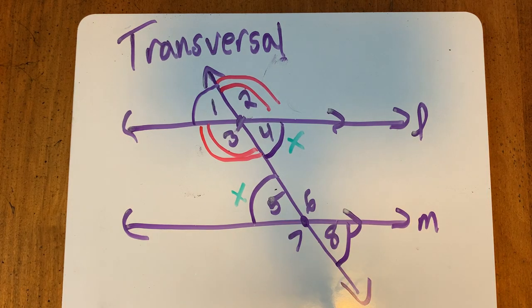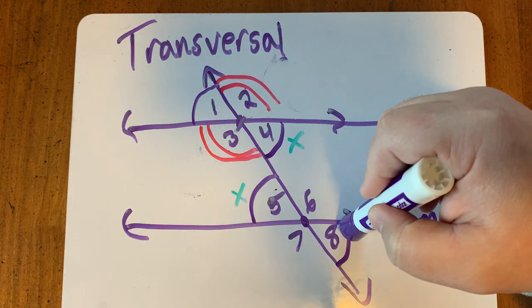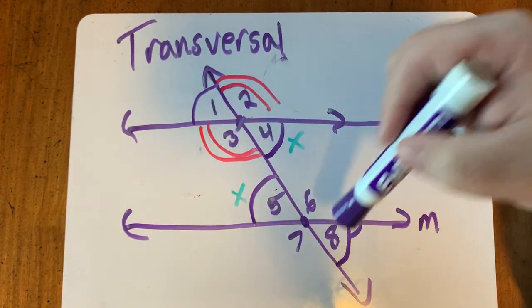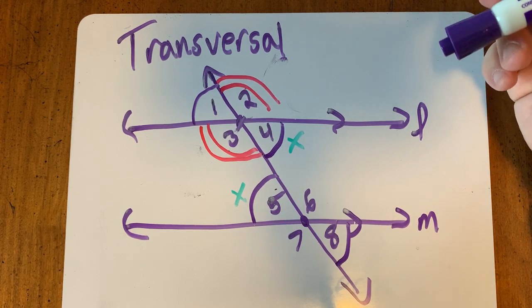And our last relationship is the alternate exterior angles. Well, that would be like 1 and 8. If 1 is congruent to 5 and 5 is congruent to 8, wouldn't 1 and 8 be congruent? Yeah, that's transitivity.